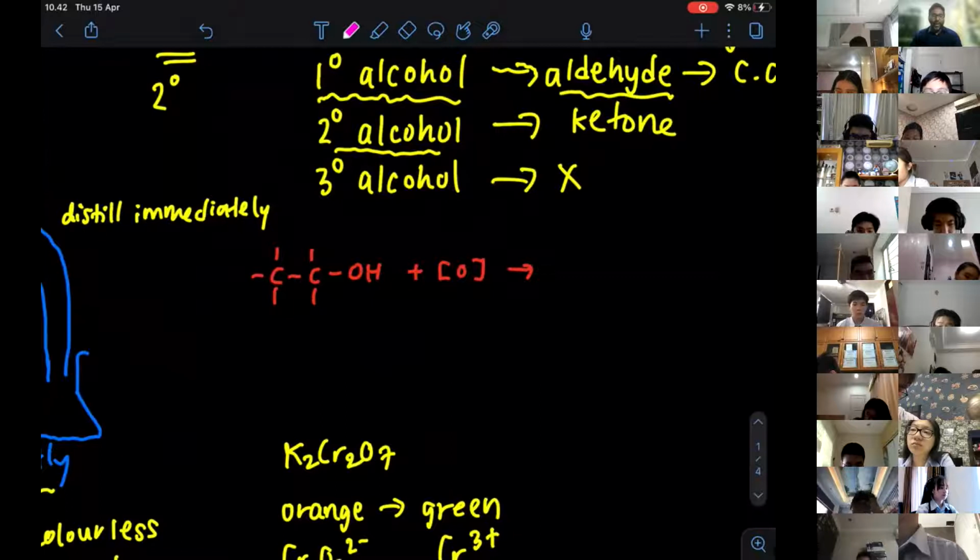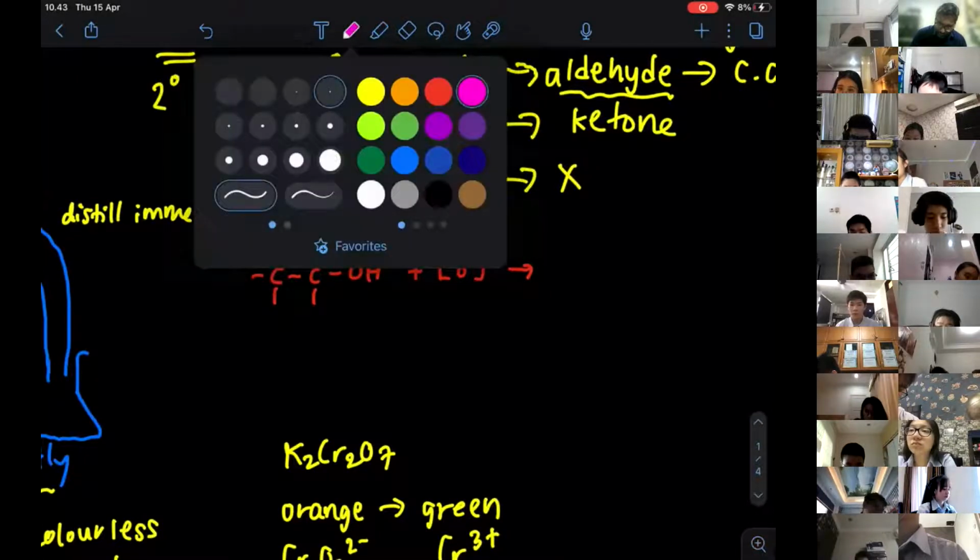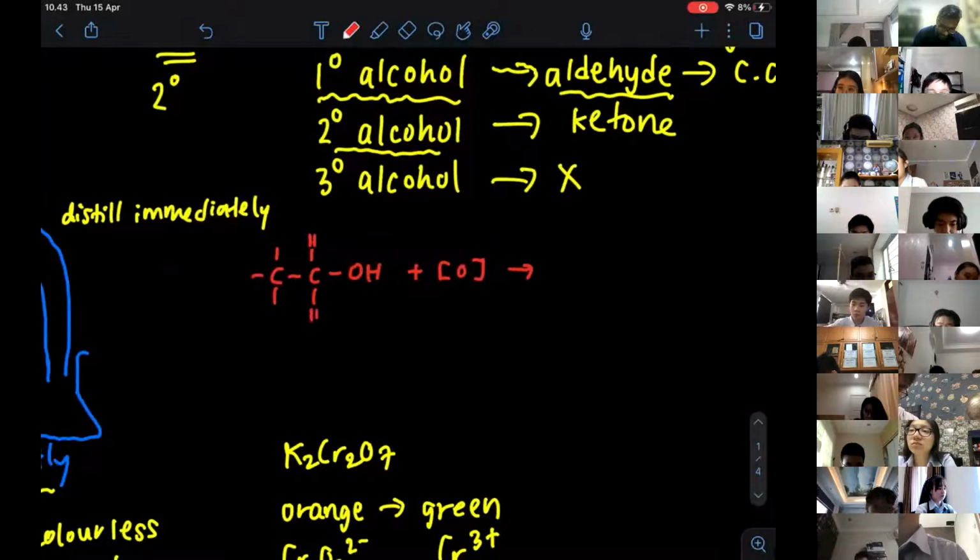In order to do this, you have this O, and then you put the H and H over here. You want to change it into aldehyde. This O from here will come over here.